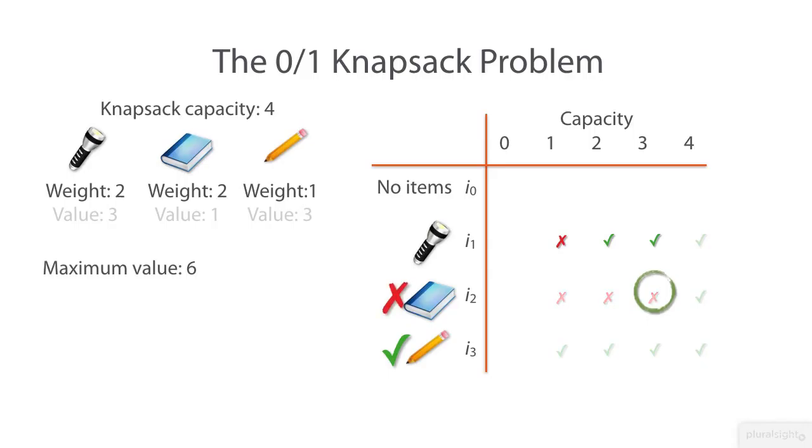So we will skip the book and look at the even smaller subproblem straight above, because the knapsack capacity hasn't changed since we added the pencil. In this subproblem, the flashlight is included. We include the flashlight and have now investigated all the items. So, by putting a flashlight and a pencil in the knapsack and leaving the book out, we obtain the maximum possible value.